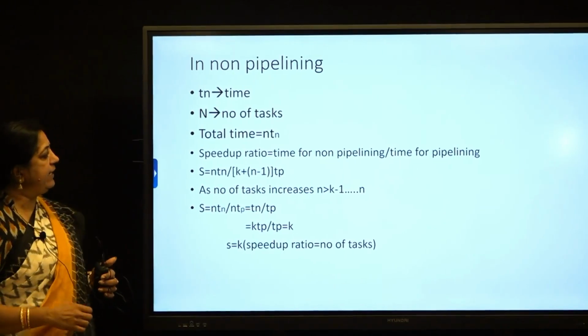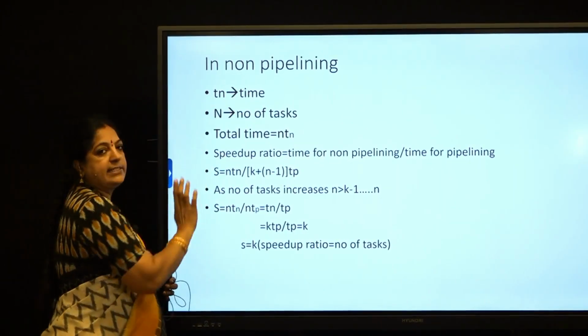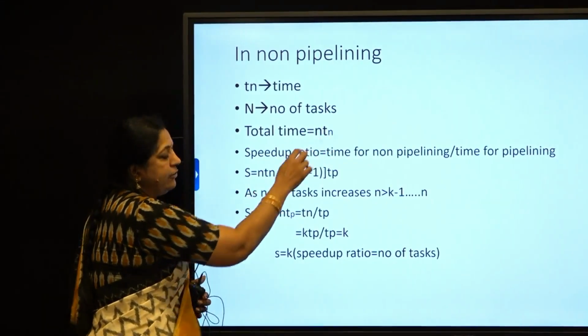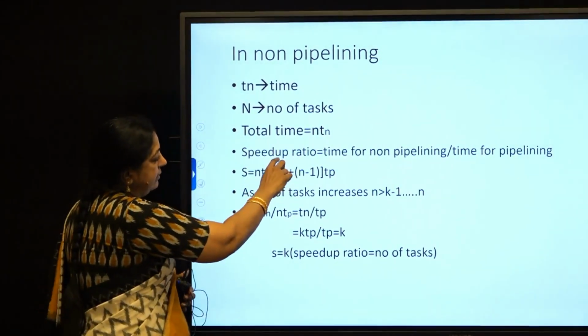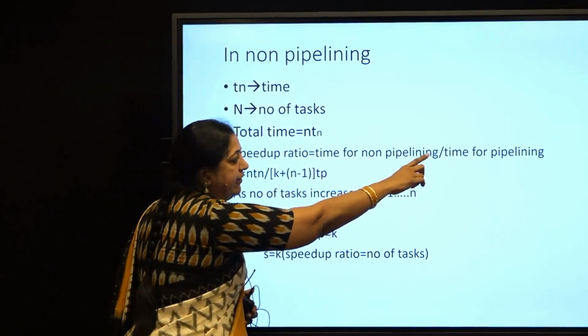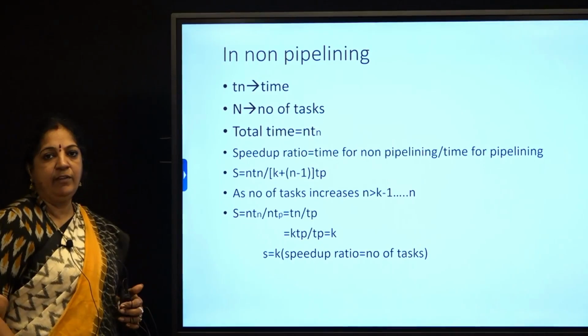In non-pipelining, Tn is the time and N is the number of tasks, so the total time is N into Tn. The speed up ratio is the time for non-pipelining divided by the time for pipelining. What is the ratio?